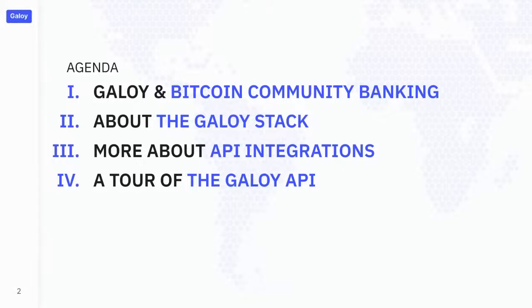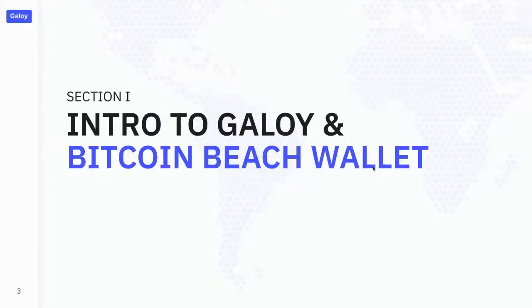I'll go a little bit into how the API sits in our stack and just some light things on what you need to know. I'll go over some integrations, both internally and externally. And then after that, we can probably do a little tour of the actual API itself using some tools that we have to explore it. So yeah, let's get started.